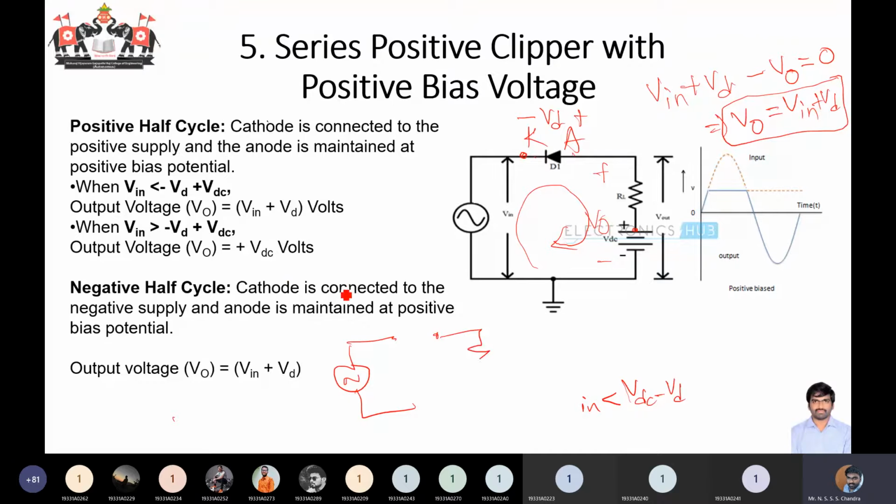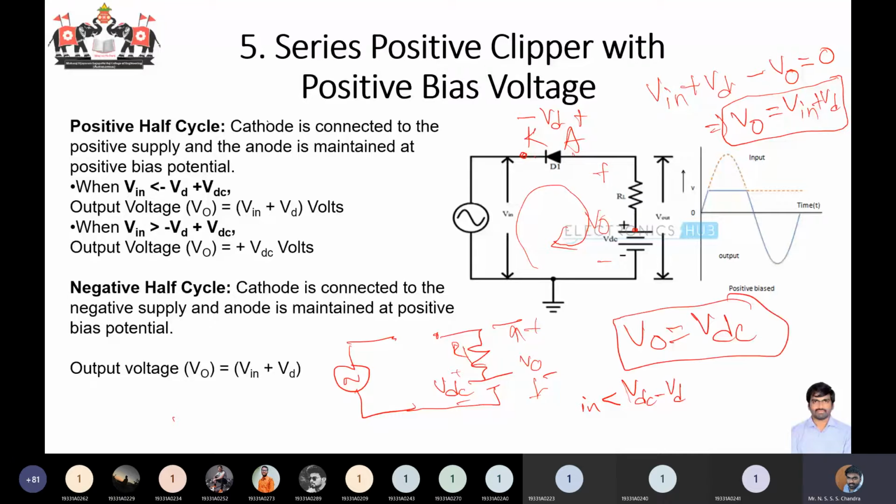It's open, and then you are left with the DC positive voltage, you have R, and this is your V0. So what will be your V0 now? There is no current flowing through the resistor, so there is no drop in the load resistor. So your V0 will be equal to VDC. That's what you are getting. V0 is equal to plus VDC. Otherwise, V0 is equal to VIN plus VD.